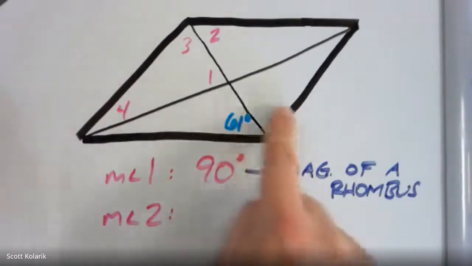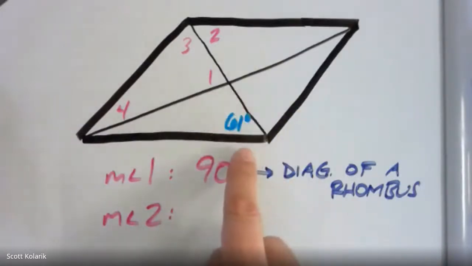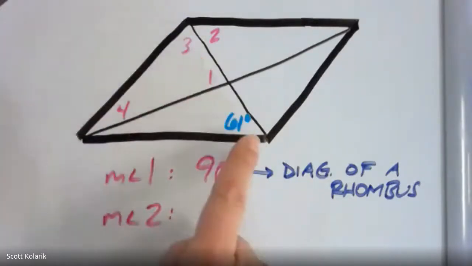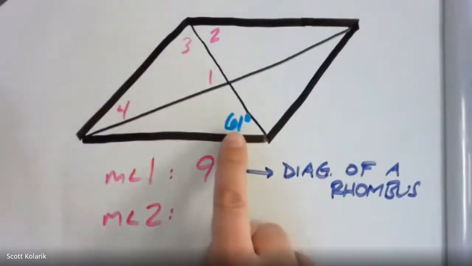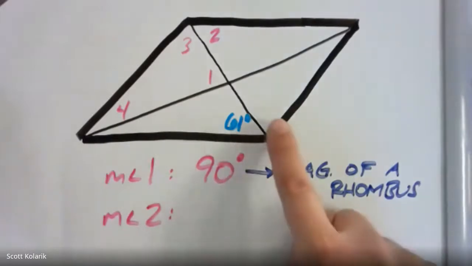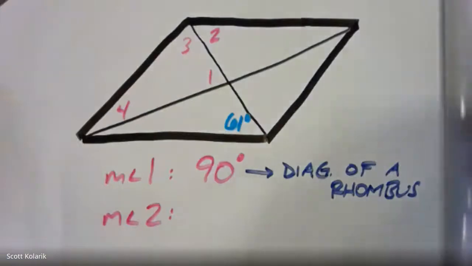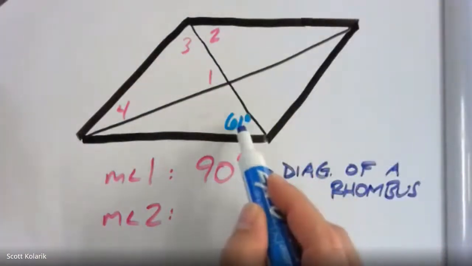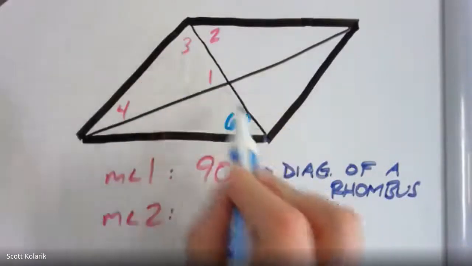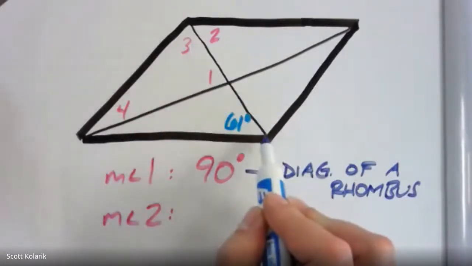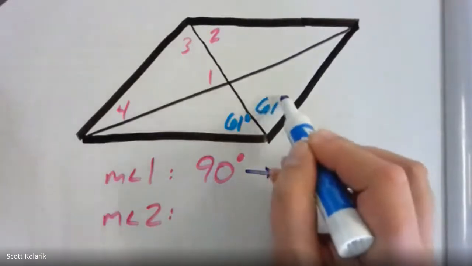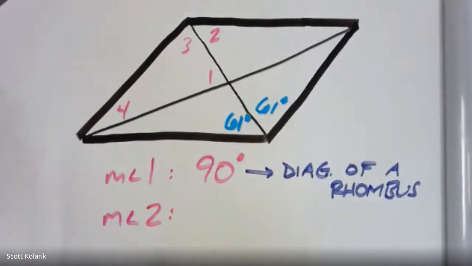So this entire corner down here in the bottom right has to be exactly chopped in half by this diagonal I drew. So if this piece is 61, that's going to mean that this piece here is also 61. Okay. So again, this was not given. This was the only piece given right here. But because I know these diagonals have to bisect the opposing angles, that's unique to a rhombus, that's going to force this guy here to also be 61 degrees.